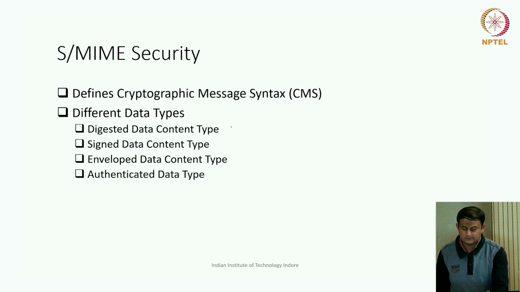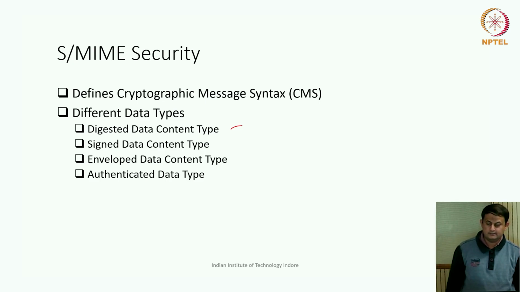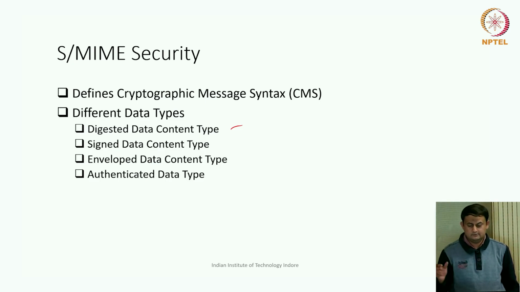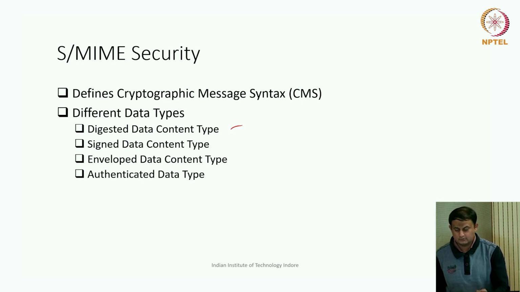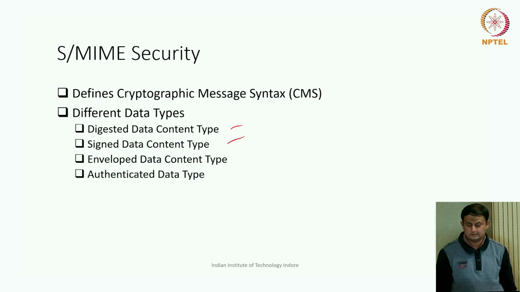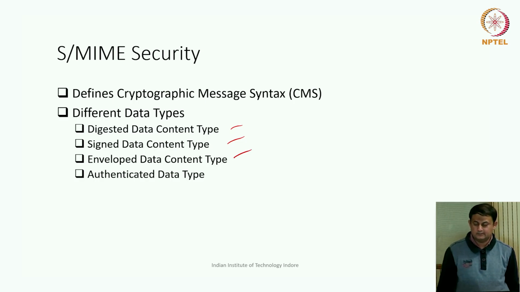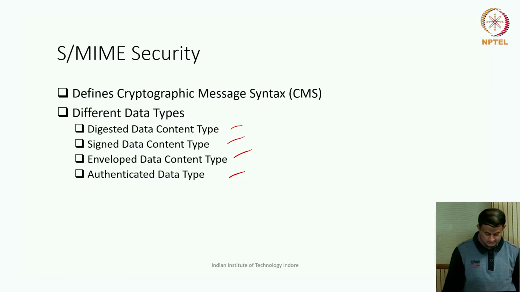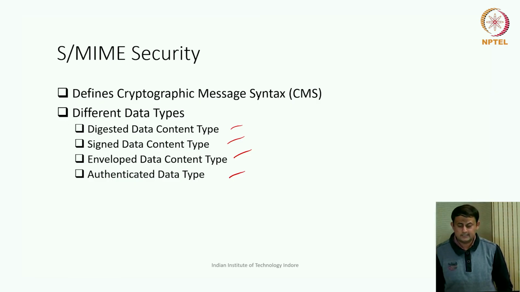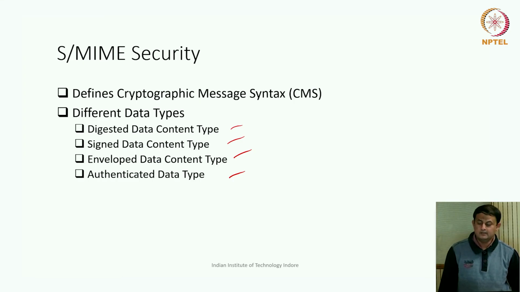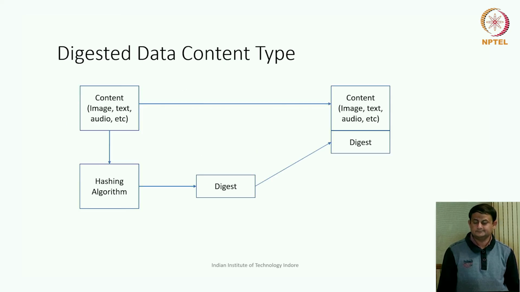One is called the digested data content type, and there are different capabilities, so let's go over them one by one. The second is the signed data content type, the third is the enveloped data content type, and the fourth is the authenticated data type. Let's see what exactly happens inside these four data types, how the email is manipulated, what changes are done to the email, and how the data actually looks.